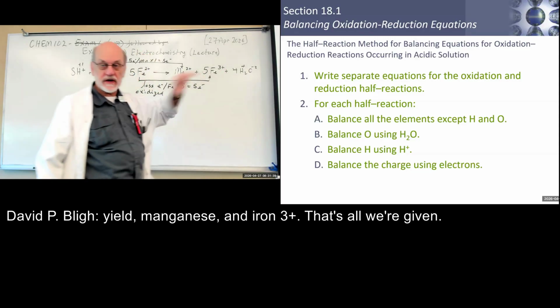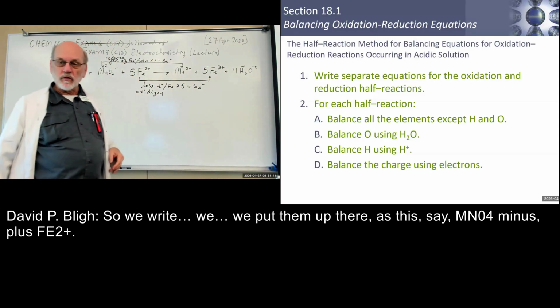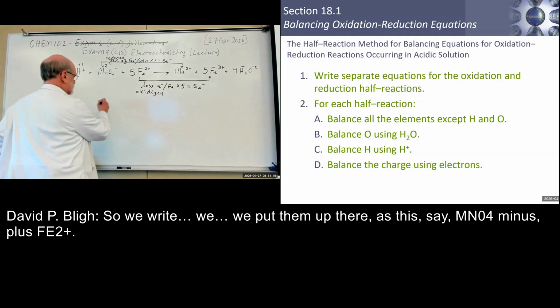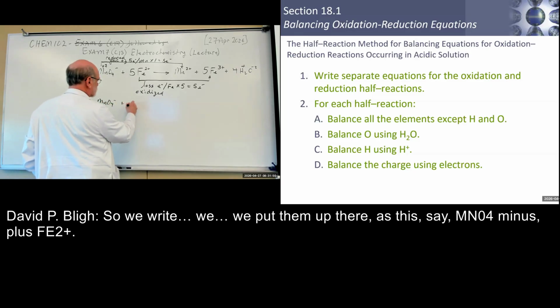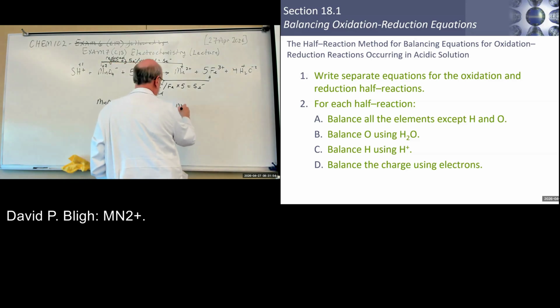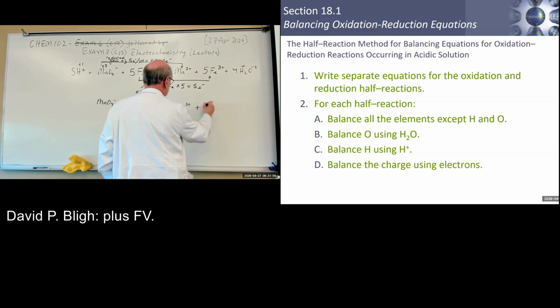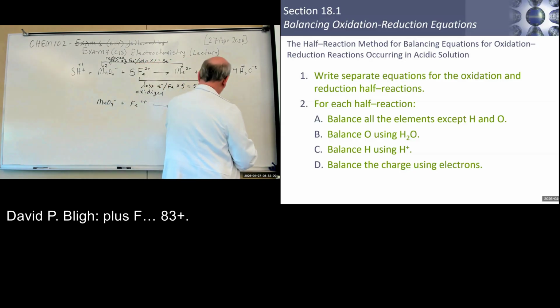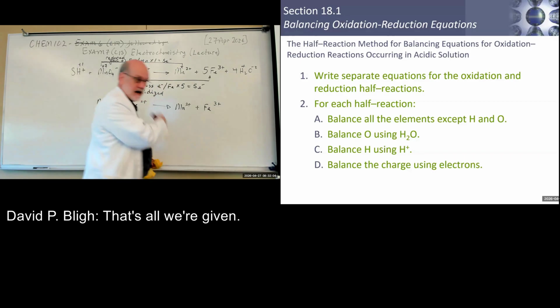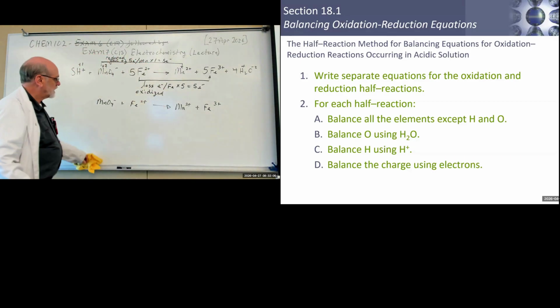That's all we're given. So we put them up there as MnO4 minus plus Fe2+ yields Mn2+ plus Fe3+.